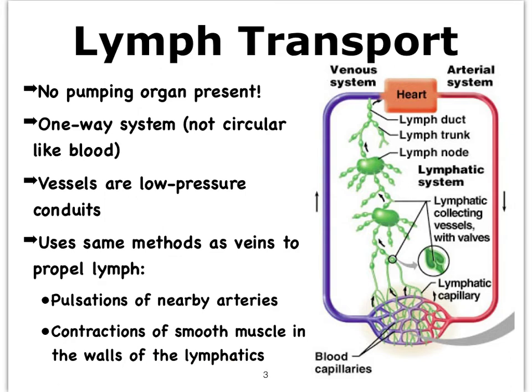So, aside from not having a pump mechanism like the blood has the heart, our lymphatic system also is a one-way system rather than a circular system. So we're going to see that lymph is produced at the level of the capillary beds, and then it is going to follow the various lymph vessels back to the venous system nearby the heart, more specifically the left and the right subclavian veins.